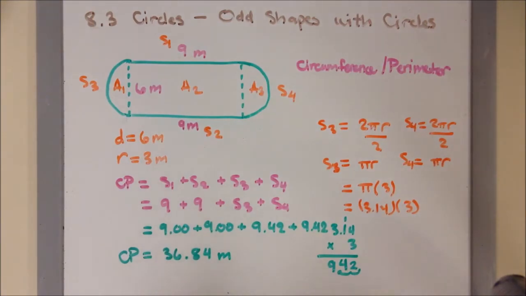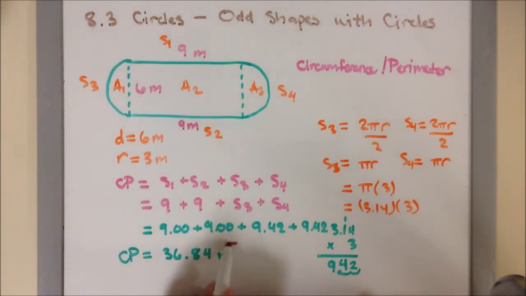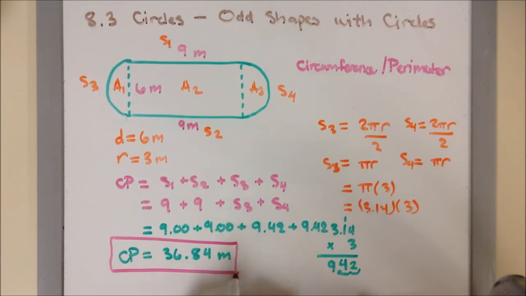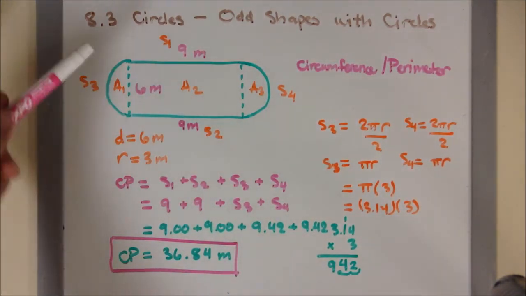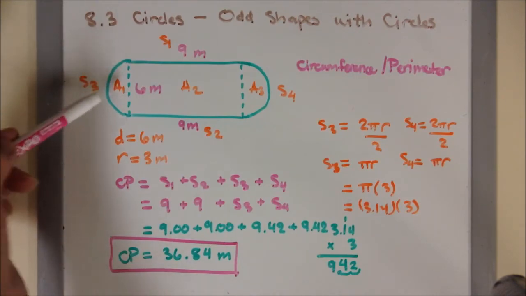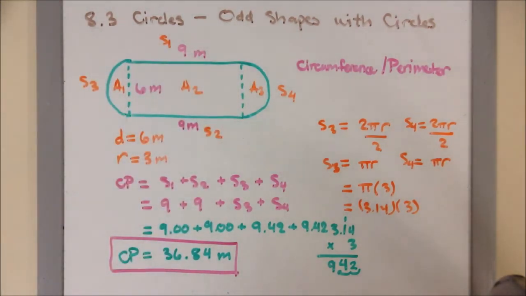So my circumference slash perimeter will be 36.84. So that's what I would need to do, especially when we're dealing with half a circle on the left and half a circle on the right. Next, we're going to work on finding area.